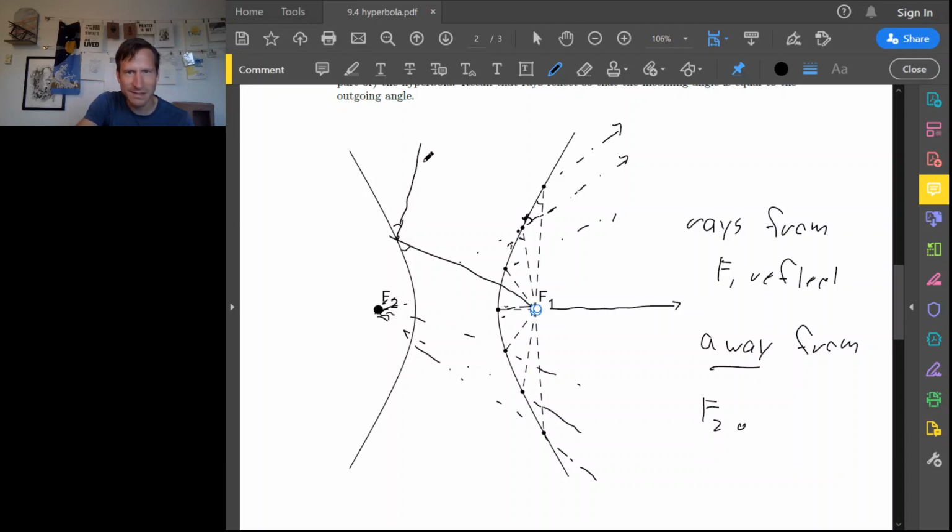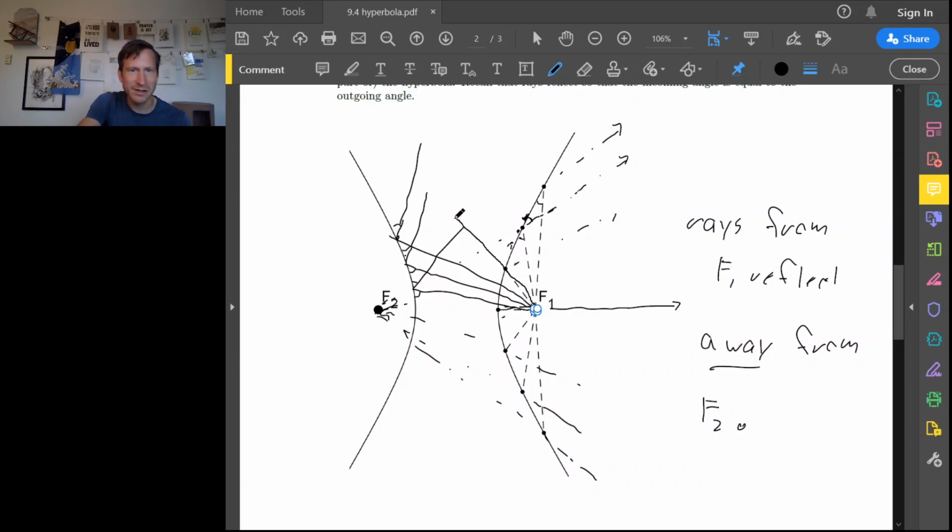So like this, and maybe we'll do a couple more. This ray is going to hit here. Angle in is going to be the same as angle out. So like this.